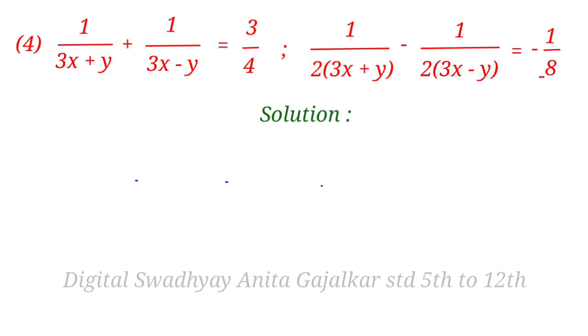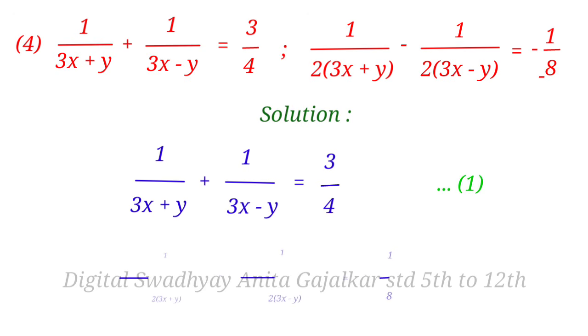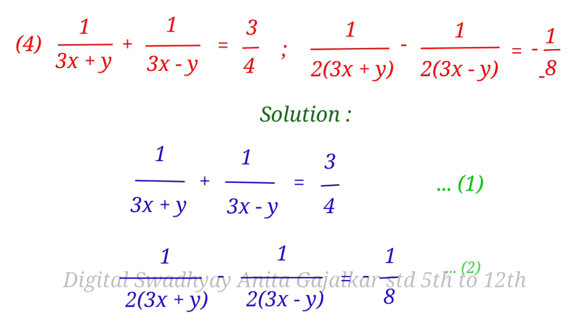Solution: 1 by 3x plus y plus 1 by 3x minus y equal to 3 by 4, equation number 1. 1 by 2 in bracket 3x plus y minus 1 by 2 in bracket 3x minus y equal to minus 1 by 8, equation number 2.